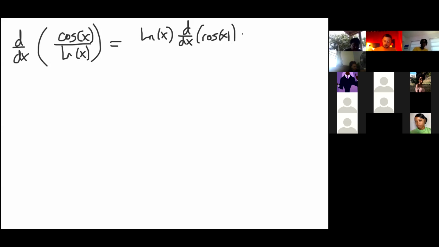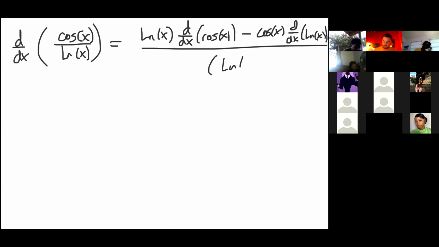Minus high d low: what's on top times the derivative of what is on bottom. All over what was on bottom squared. So all I need to do now is figure out the derivative of cosine of x and the derivative of natural log of x, and fill them in.